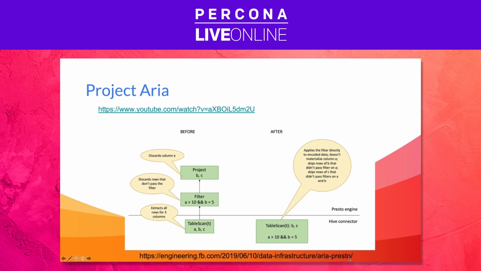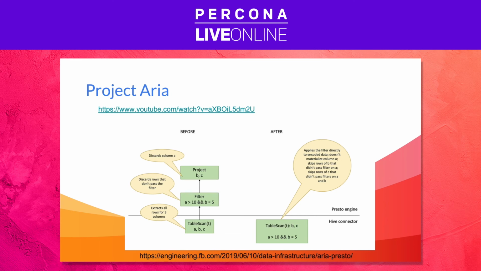If you are not configuring Project ARIA, you are going to do a complete table scan on a select star with a filter condition, and then the entire data is coming to the PrestoDB engine. The area on the top of this line is the PrestoDB server and the coordinator and the workers, and then the resulting data is getting created within the PrestoDB engine. And this is not an optimized or an efficient way.